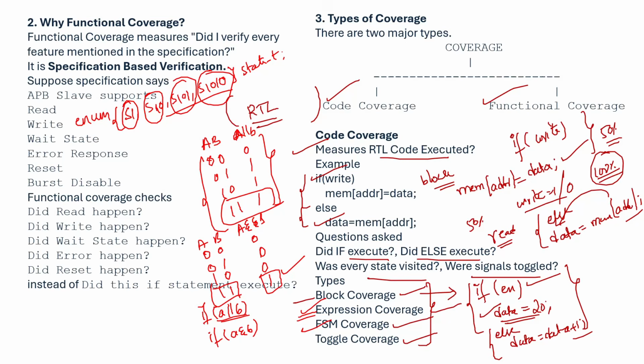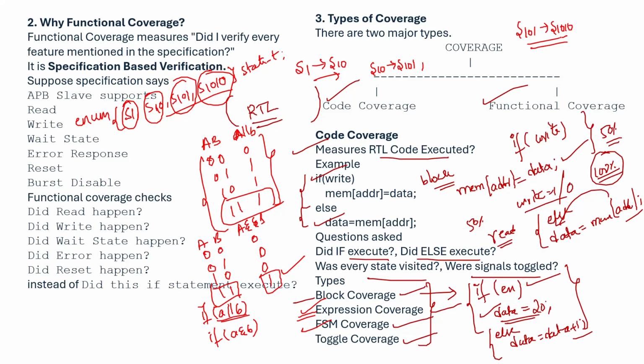That means we need to check whether the transition is happening or not, S1 to S10. After that, S10 to S101. And the next one, S101 to S1010. We need to check whether each transition is happening or not.